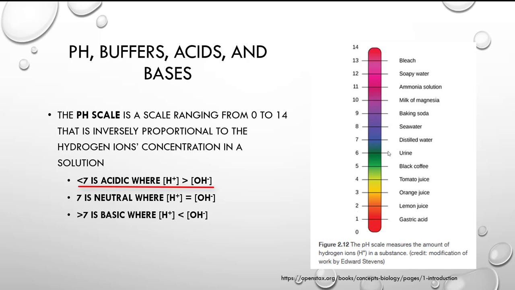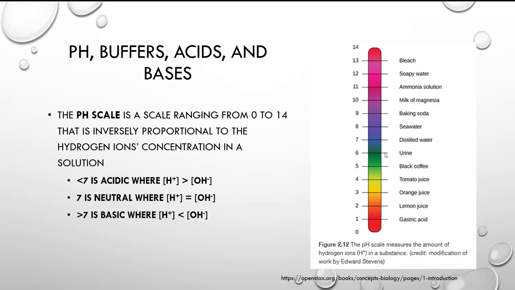And you can see some everyday products and where they land on the scale. Neutral, right in the middle, would be like distilled water. A lot of things related to the human body usually fall right around there. Our blood pH is 7.35 to 7.45, so it's just slightly alkaline.